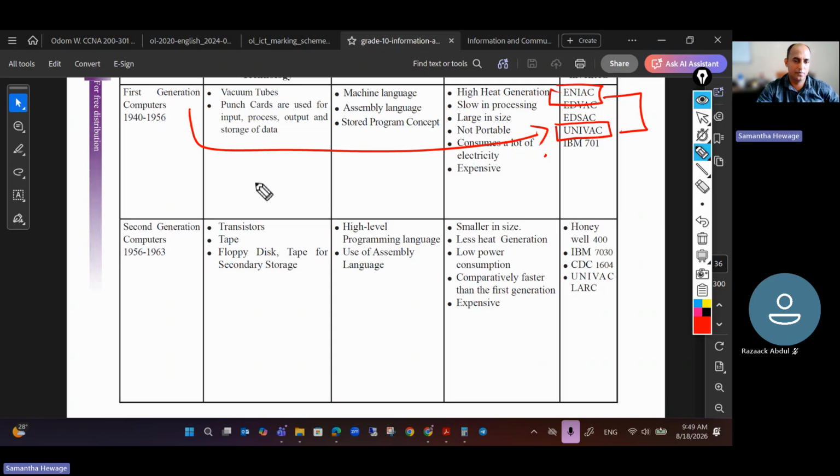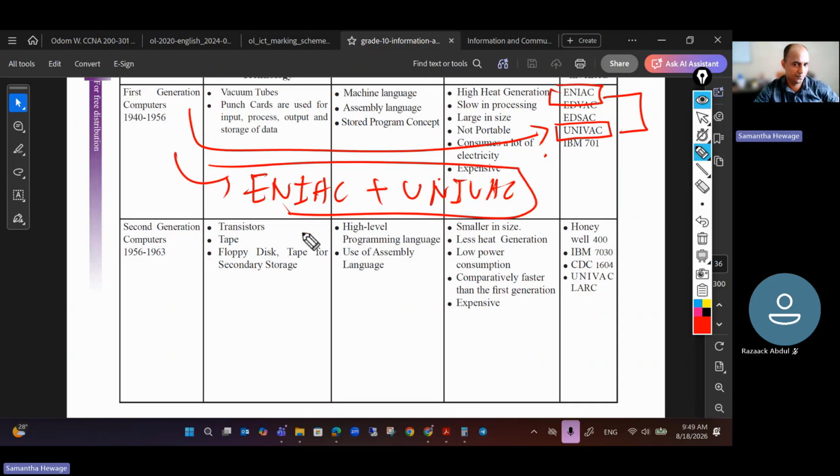Remember. Second generation also, this was very famous.